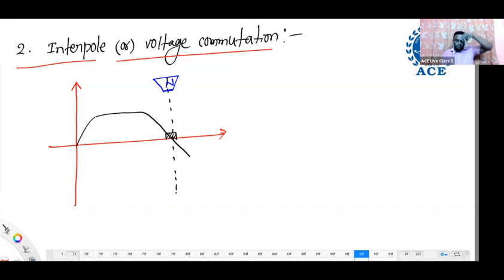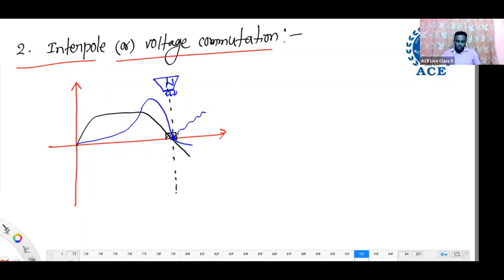Because of that, the resultant flux along the brush axis, which previously was not zero, now becomes zero. By properly choosing the interpoles, we make the resultant flux zero.